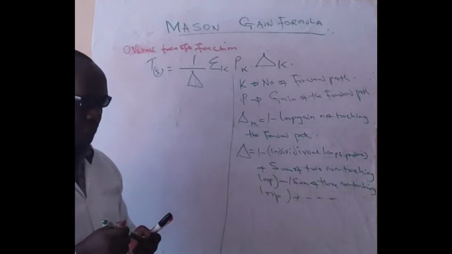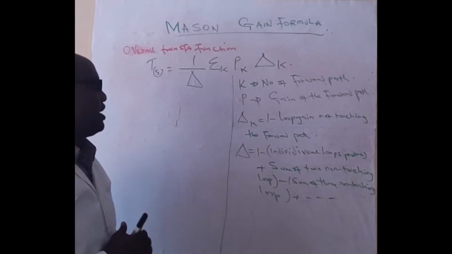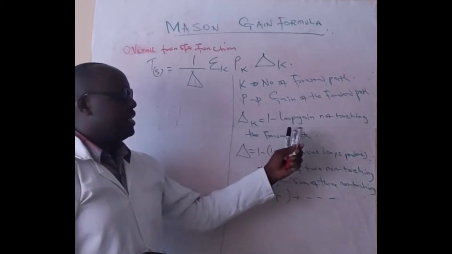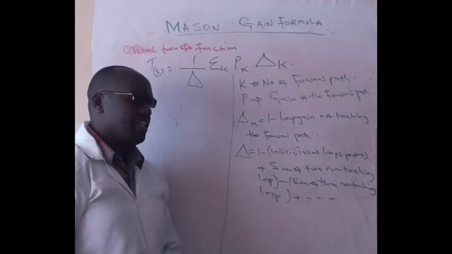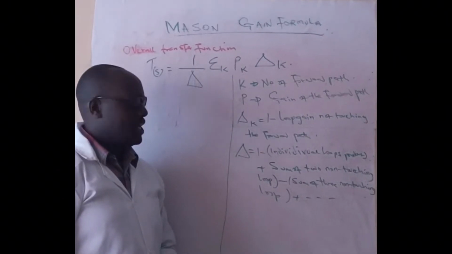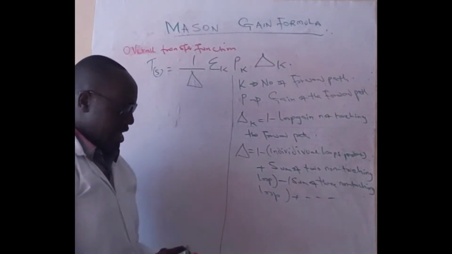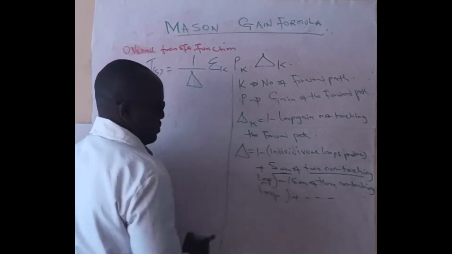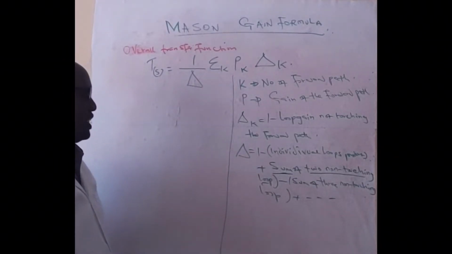So K stands for the number of the forward paths. I'll show you that. P is the gain of the forward path. Delta K is given by the loop gain not touching the forward path. And delta, the overall delta, is given by 1 minus the individual loop gains plus the sum of two non-touching loops, and then minus the sum of 3 non-touching loops.